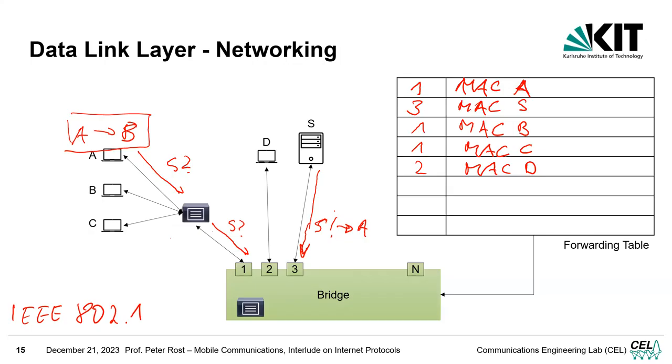Every once in a while, this table is also updated. The reason is that due to mobility, for instance, if you are on a Wi-Fi network and you switch access points, or if you just unplug your computer and plug it into a different port, the location of your device may change over time.